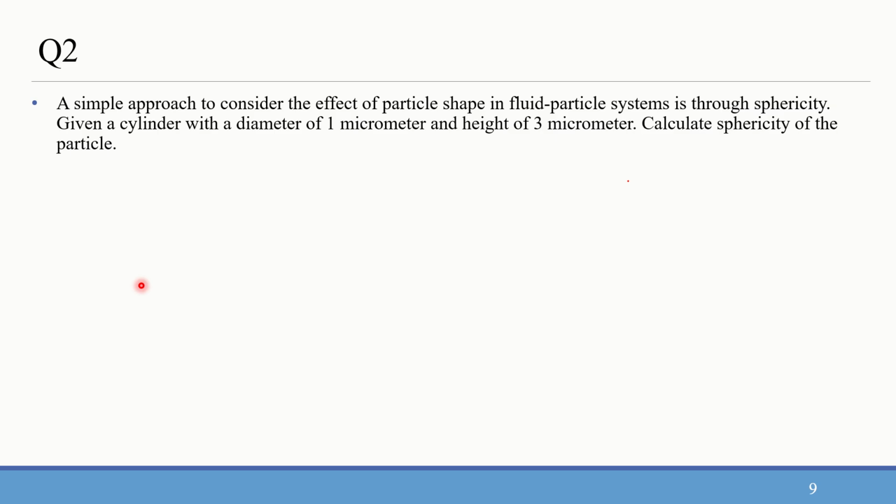One parameter which is used to compare different particle shapes to spherical shape is sphericity.